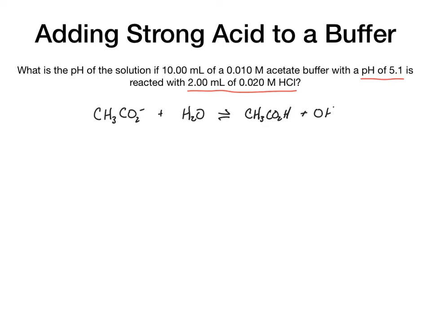We have 7.15 times 10 to the minus 3 molar acetate, and 2.85 times 10 to the minus 3 molar acetic acid, and that's what we found on the previous slide. This is our buffer, and we're going to use 10 milliliters of it.